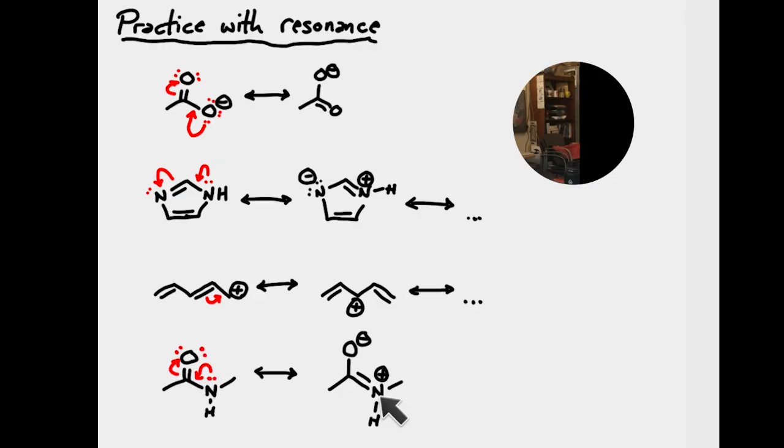This gives nitrogen a formal positive charge and oxygen a formal negative charge, and now again we still have a net neutral molecule. But what this does is it tells us that we have some double bond character between this nitrogen and this carbon, which means that the rotation around that bond is going to be hindered a little bit. It's going to be a little bit more rigid than if it was simply a single bond.